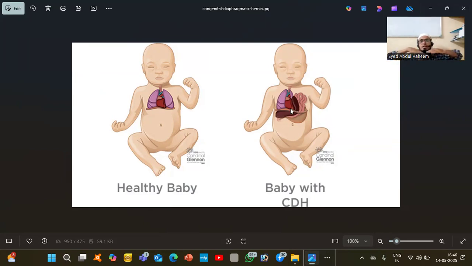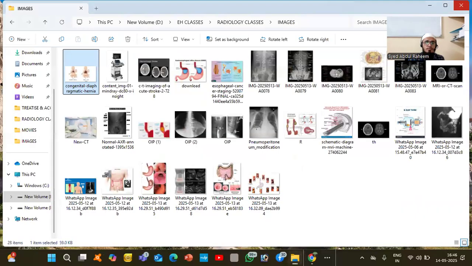The diaphragm is either not completely developed, or has a weak portion that ruptures due to an injury, and the internal organs enter the upper chest cavity. This is called congenital diaphragmatic hernia. This is also a pathological finding; we have to remember this.